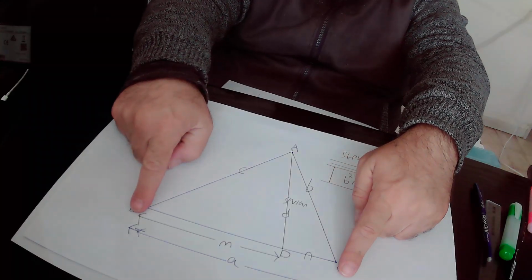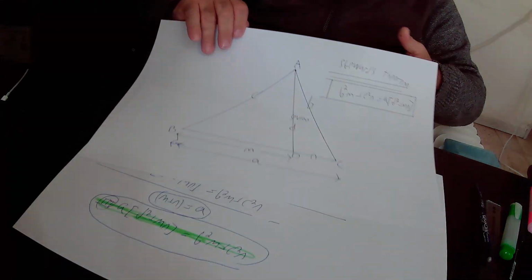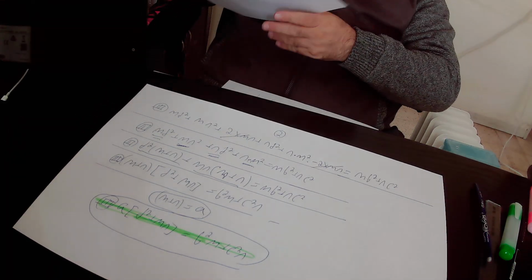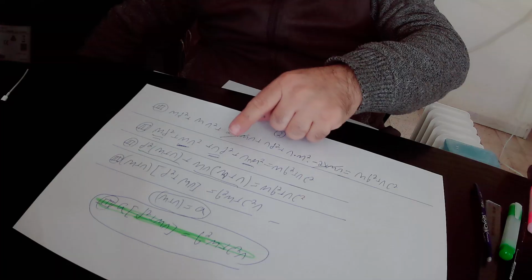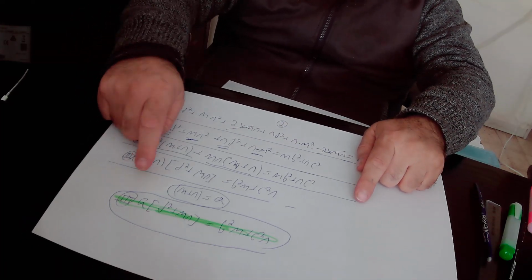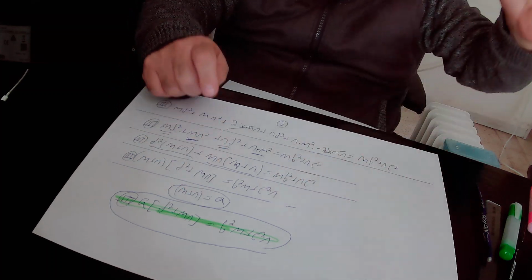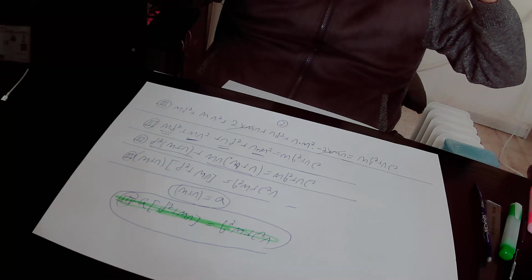From the other side, it is equal to a. Therefore, m plus n equals a. So we can substitute m plus n in equation number 3 by a. We did it, and we found out that here m plus n is a. Inside the brackets we have d square plus mn equals b square m plus c square n, and this is exactly Stewart's equation.